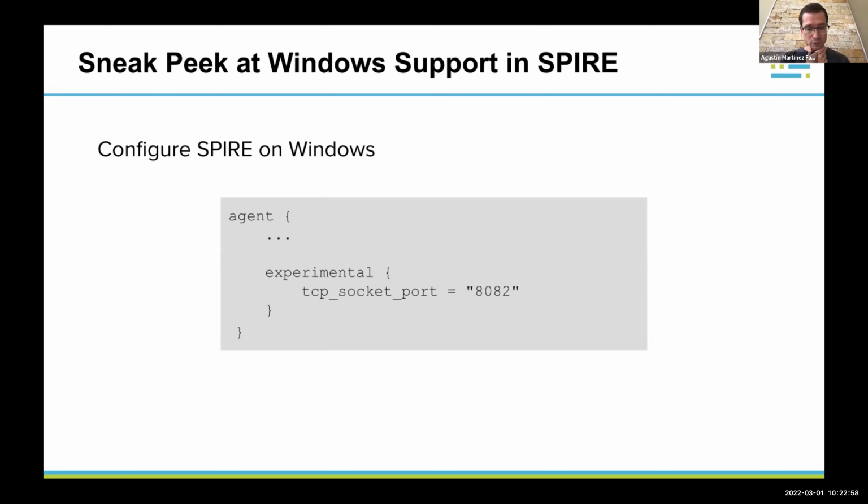The idea is to introduce this Windows support as experimental. That would provide us some flexibility in the way that we can introduce the changes in the first iterations.